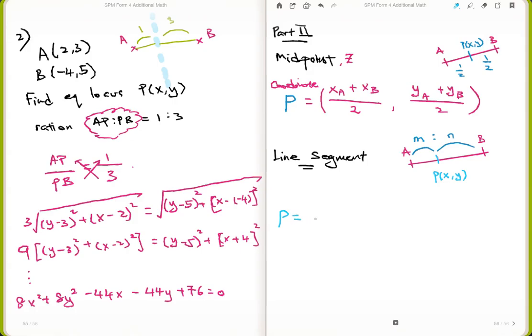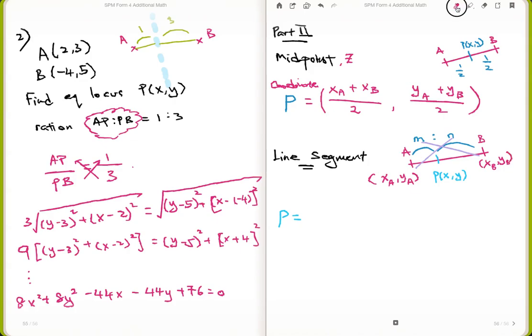Now, the general equation, all you need to do is to sketch this diagram A and B, M to N. In order to get this, all you need to do is cross multiply the ratio across. What does it mean by cross multiply? Now in A, you are going to have a coordinate called XA, YA. And coordinate B, you are going to have XB, YB.